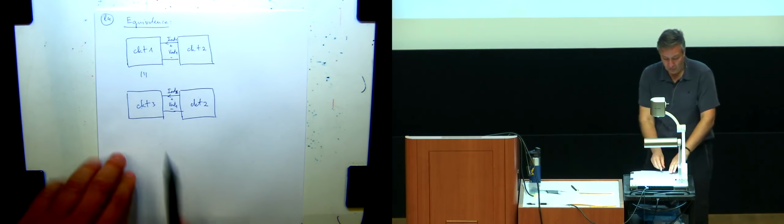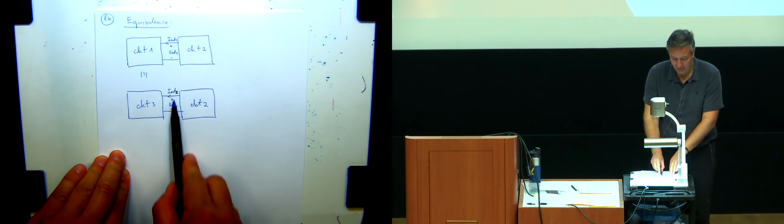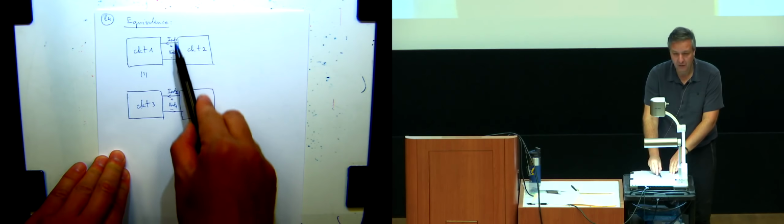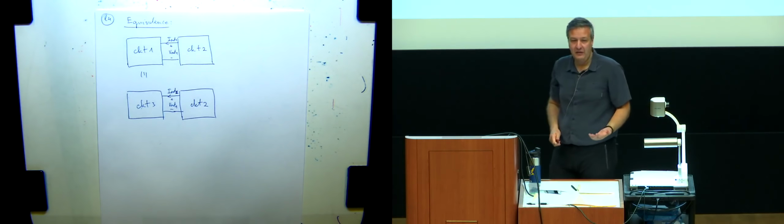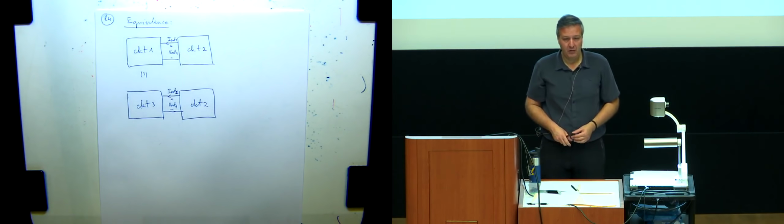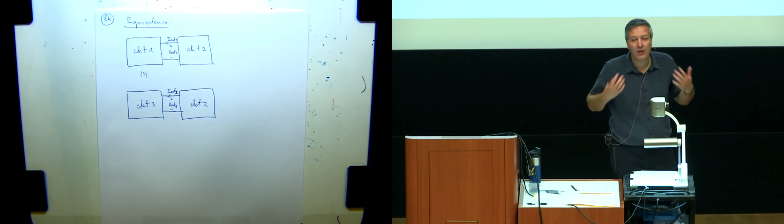When I add some other circuit, circuit 3, as long as I out 1 and V out 1 are identical to the ones above, circuit 2 has no idea that I've changed anything. To circuit 2, these two circuits, 1 and 3, are equivalent.